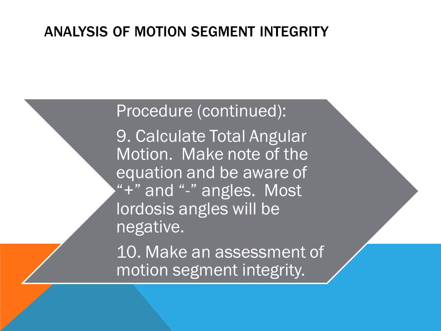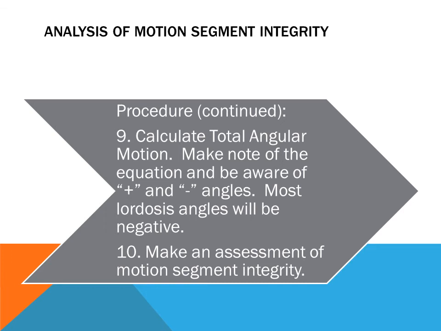Okay, next step in our procedure, according to the AMA guides now, is to calculate total angular motion. Be particularly careful with your plus signs and your minus signs. I have to be honest, I have once lost track of my positive and minus signs, and I awarded permanent impairment for loss of motion segment integrity simply on the basis that I assigned an incorrect angle to one of the intersegmental motions, and that can make a significant difference.